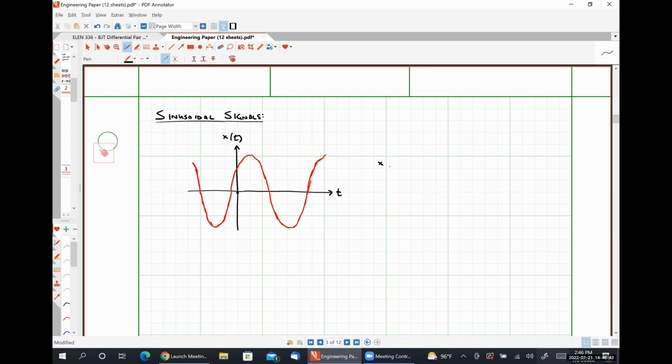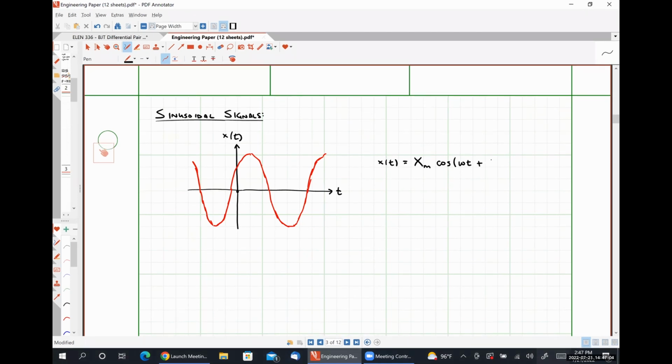So x of t can be expressed mathematically as x sub m cosine of omega t plus some phase angle, which I'm going to call theta, or it can be expressed mathematically as x sub m sine of omega t plus some phase angle that I'm going to call phi.